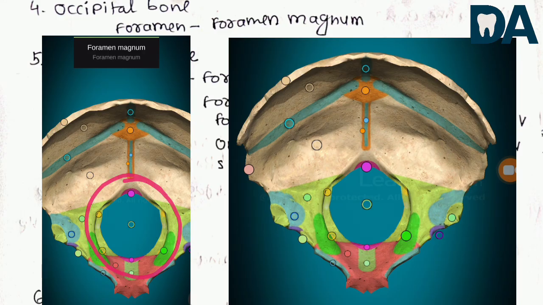The foramen magnum is the large opening in the occipital bone through which the spinal cord passes to join the brainstem. On either side of the foramen magnum are the occipital condyles, which articulate with the first vertebra of the vertebral column.